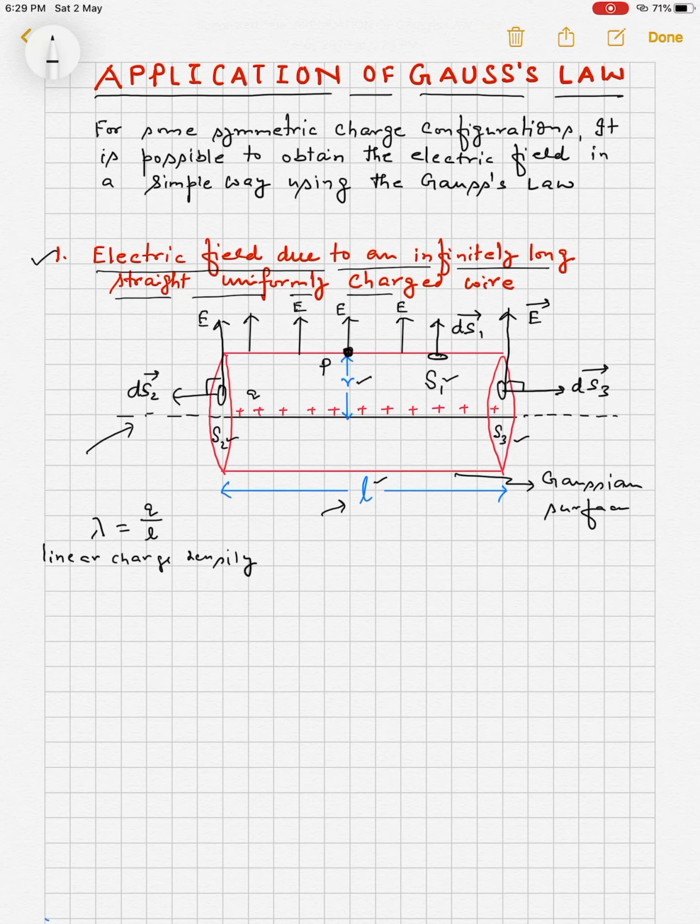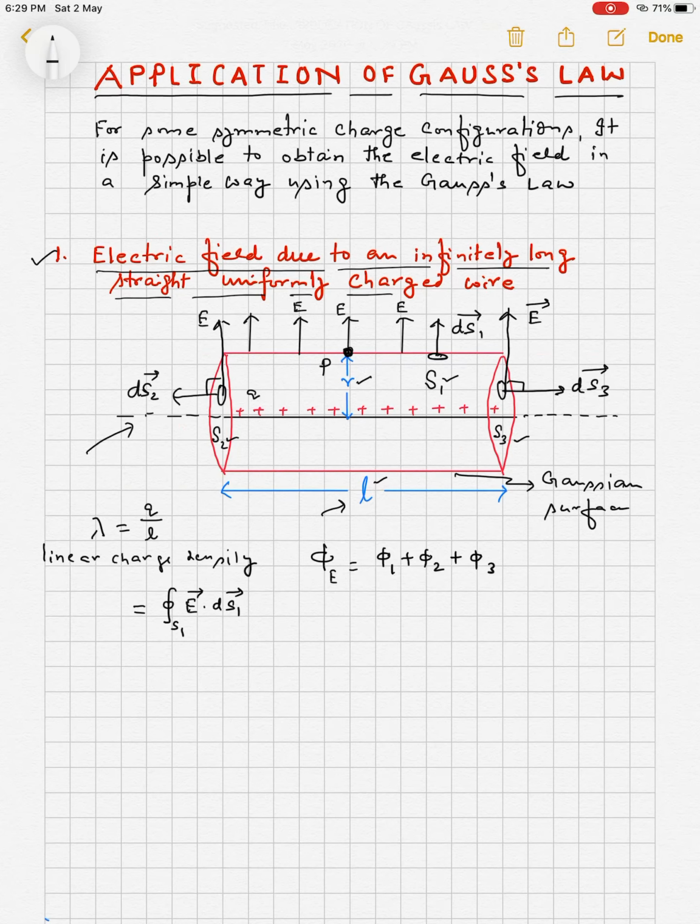So we have to find flux. Phi, the total electric flux through these surfaces, is phi 1 plus phi 2 plus phi 3. As we know the formula for flux, this becomes integration over the surface S1 of E dot ds1.